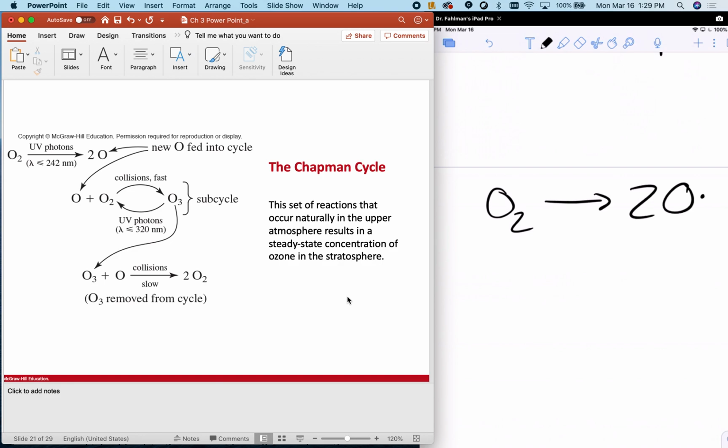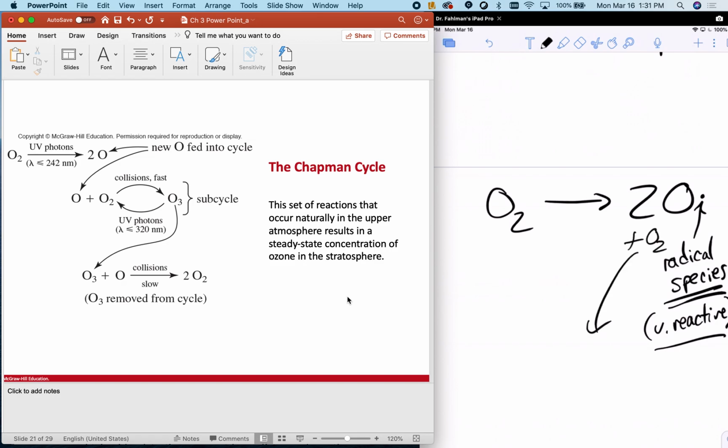This dot means that it is a radical species, which means very reactive. So it's breaking apart into something very reactive, and it's going to react with anything around it. If it finds a water molecule, it's going to react with that, but it'll more often than not find oxygen, and that's why it reacts with that to form ozone.